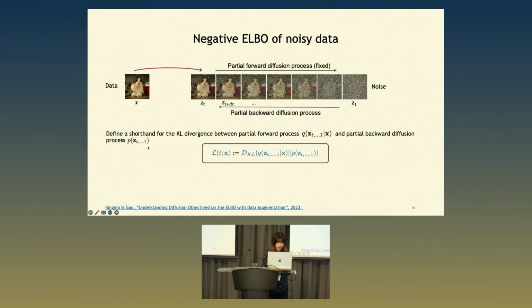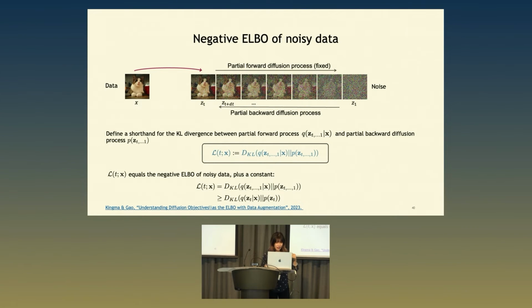Then we define the KL divergence between this partial forward diffusion process and the partial backward diffusion process, and we denote it as L_t(x), indicating that it starts from time step t with clean sample x. We can show that this L corresponds to the negative ELBO of the noisy data at time step t.